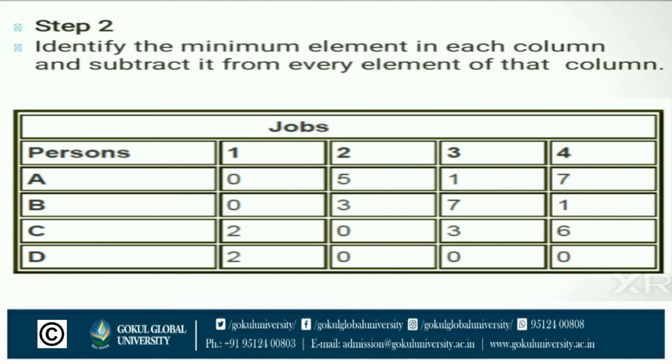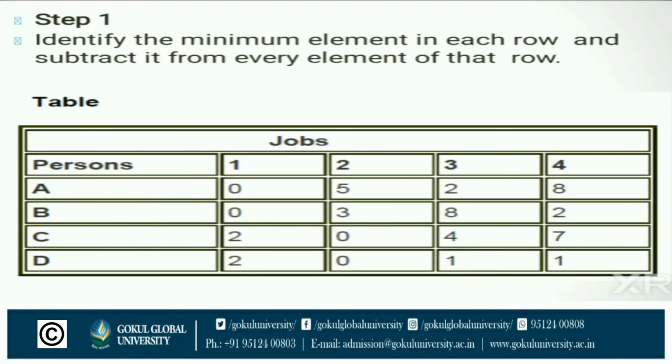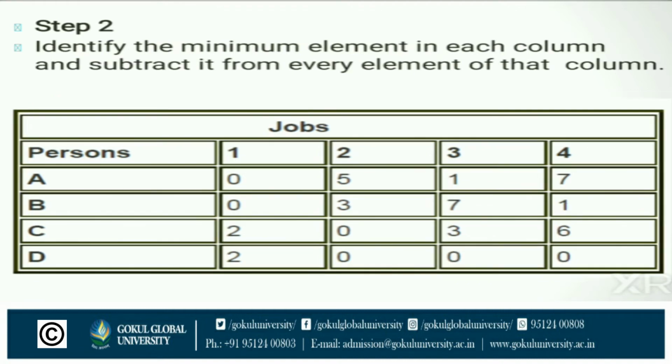For the third column the smallest element, from the previous table, is 1, and the fourth column is also 1. Subtracting 1 from all other values, we get this table. So the third column is 1, 7, 3, 0 and the fourth column is 7, 1, 6 and 0. Now we go to the third step.